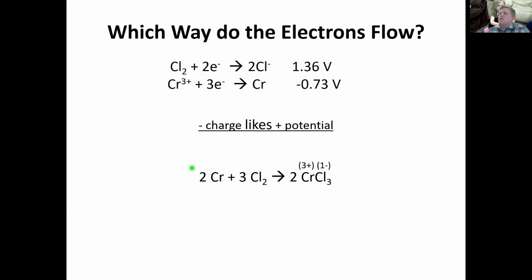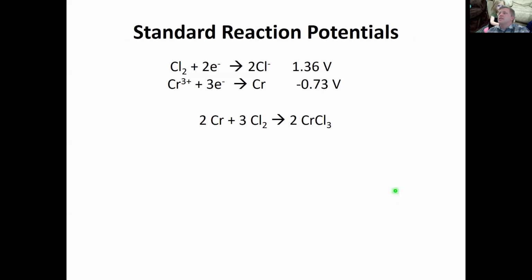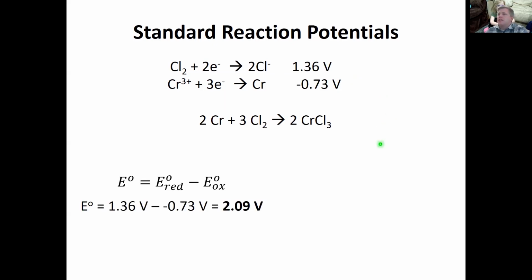Okay, but now that we have this reaction, let's go on to find the standard reaction potential for this reaction. So we have our reduction potentials. The way you find out the reaction potential is by taking the difference of those. Actually, there's 2 ways of thinking about this. One way is you take the reduction potential and subtract the oxidation potential.